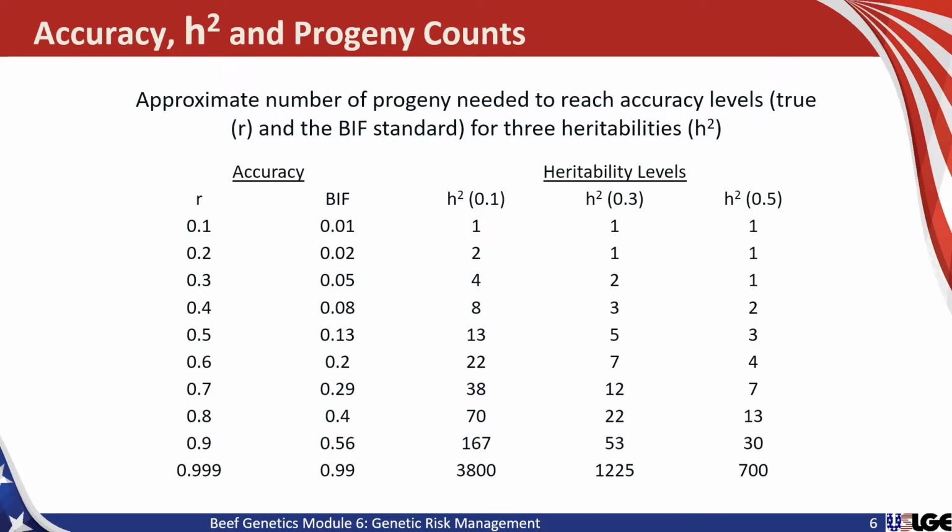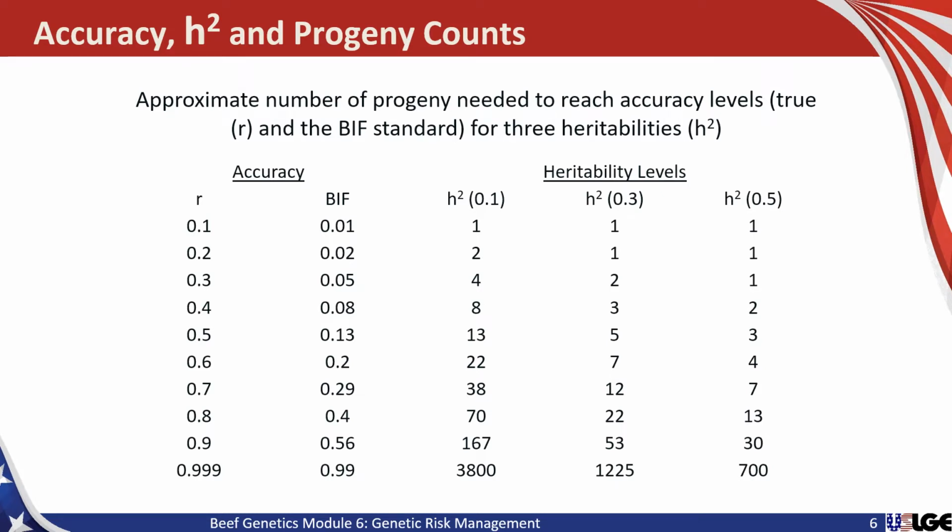And remember, heritability is just a measure of the proportion of variation of an individual animal's phenotype that's under control by genetics. So traits with low heritability require more data or more progeny records to increase to the same level of accuracy as compared to those with high levels of heritability.